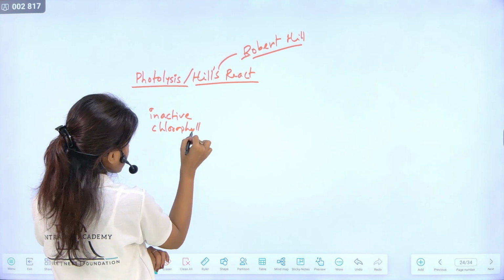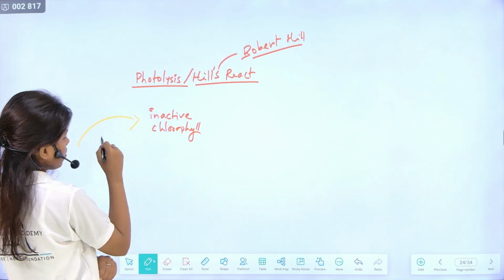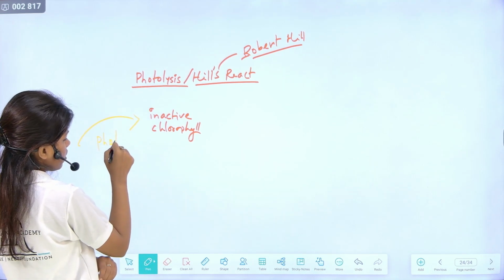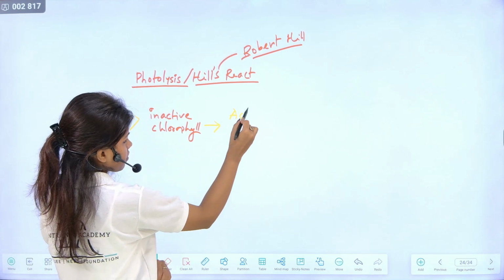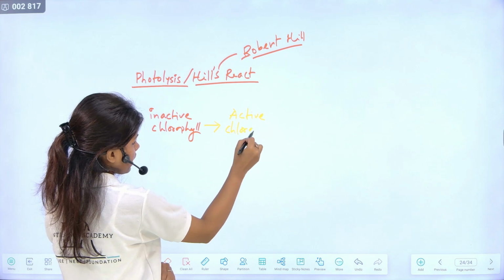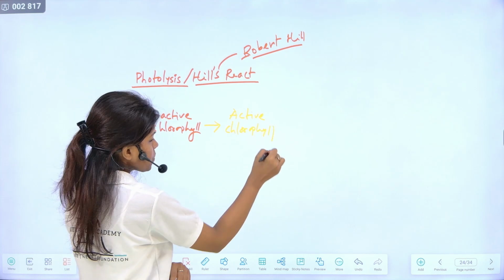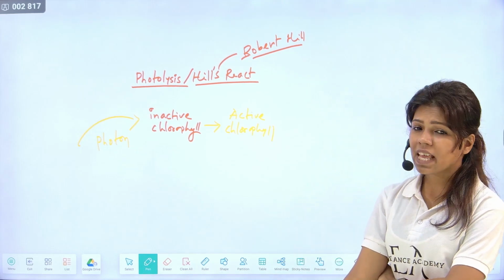When the smallest particle of sunlight, that is a photon, falls on it, the chlorophyll becomes activated. Initially the chlorophyll was inactive. When a photon falls on it, it becomes activated.